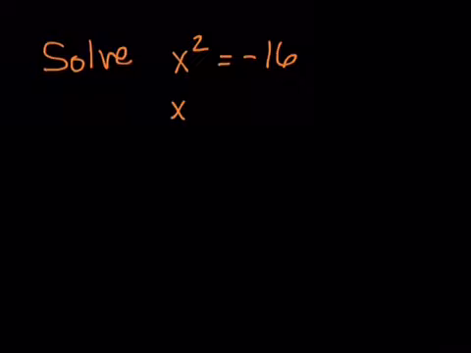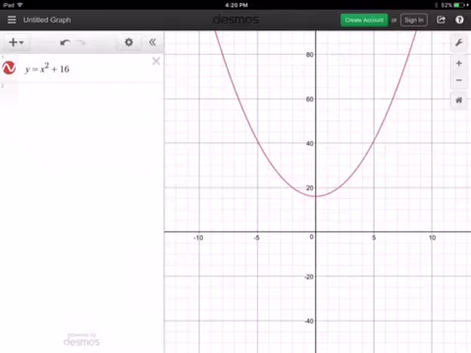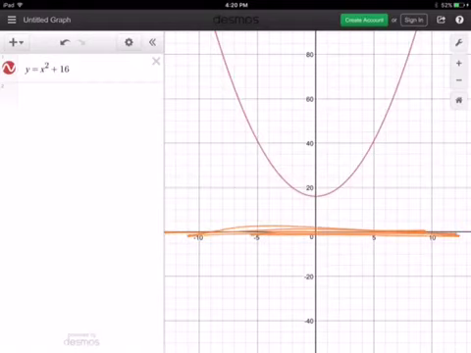If we put this in standard form, it would be x squared plus 16 equals 0, and I'm now looking for x-intercepts for the parabola y equals x squared plus 16. Here's the graph, and you can see this parabola lies entirely above the x-axis, so it doesn't have any x-intercepts. That supports the idea that there's no real number that is the square root of negative 16.